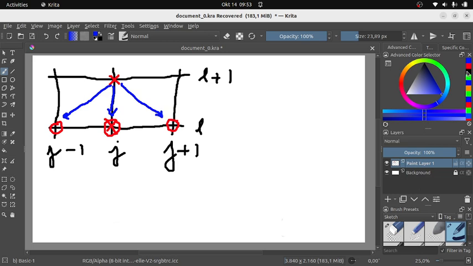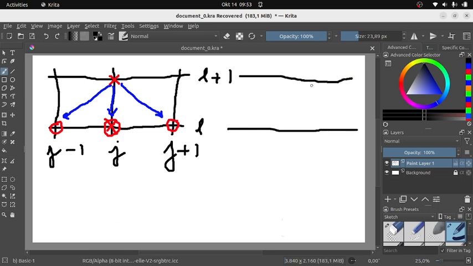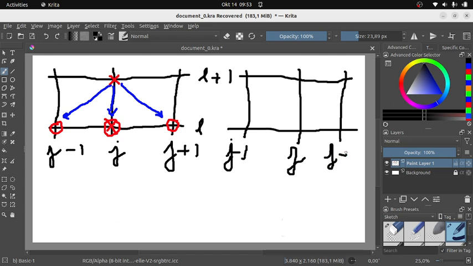An implicit method is different, because in an implicit method, L and L plus 1 remain the same. Here we have j minus 1, this is j, here j plus 1.